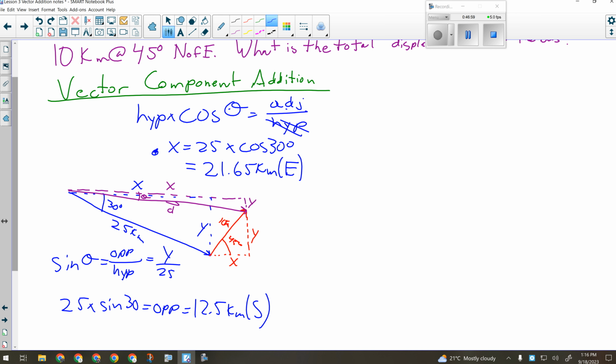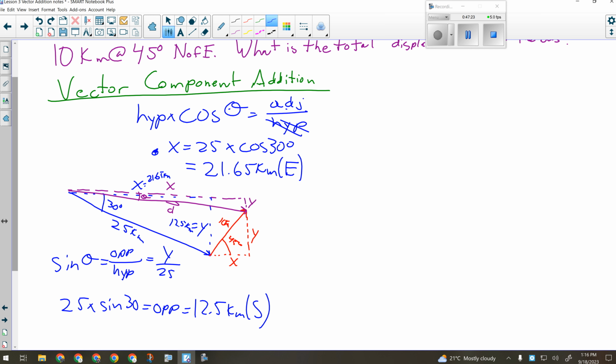Yeah, I just did trig in my head. Sine of 30 is 0.5. It's cheating. I use 30 degrees all the time, so I look cool. Okay, so now I know this side here is 12.5 kilometers. And this side here is 21.65 kilometers.